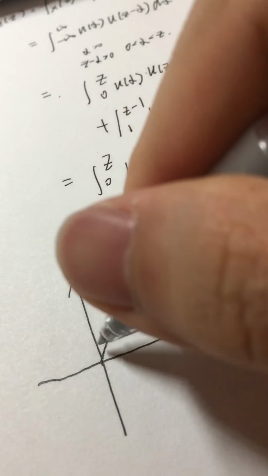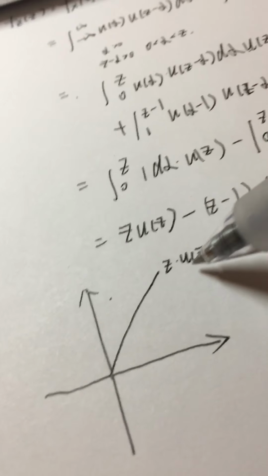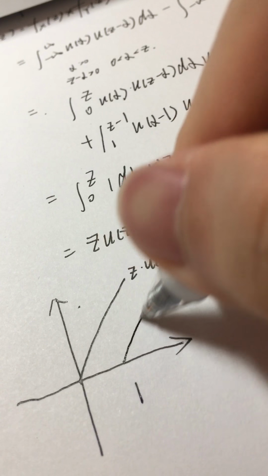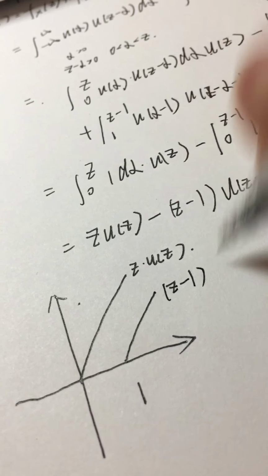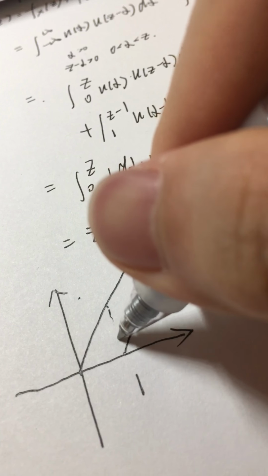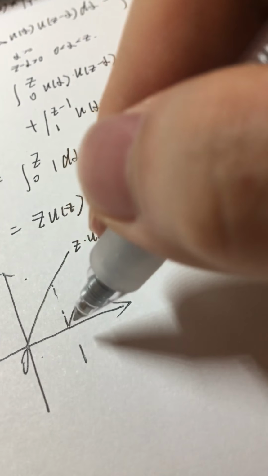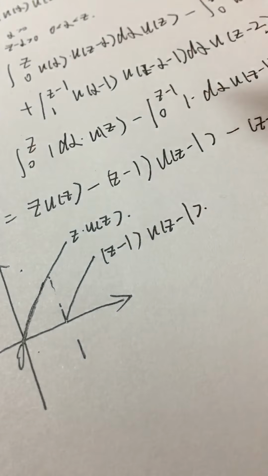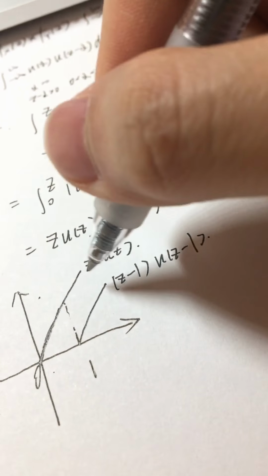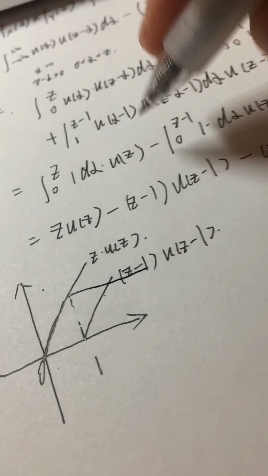We know that this is z multiply u(z) when z is greater than 1, and this is (z minus 1) multiply u(z). When z is between 0 and 1, only this part counts. And when z is greater than 1, z minus this part, we get this.